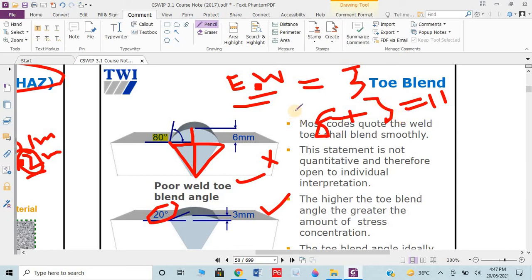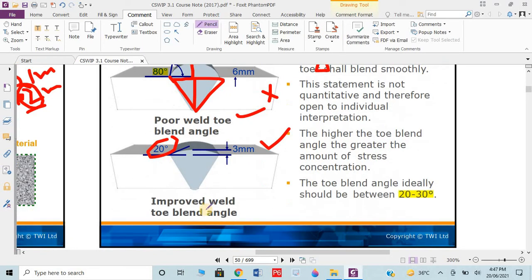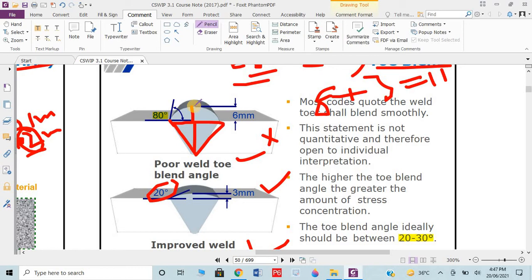I will let you know the formula for how we calculate the toe blend, throat thickness and height. You can see here, if this situation occurs, then residual stresses can generate, the chances of cracks will increase. Additionally, the weld metal will be wasted. Then we need to grind this area down to there, meaning 3 millimeter and 20 degree.